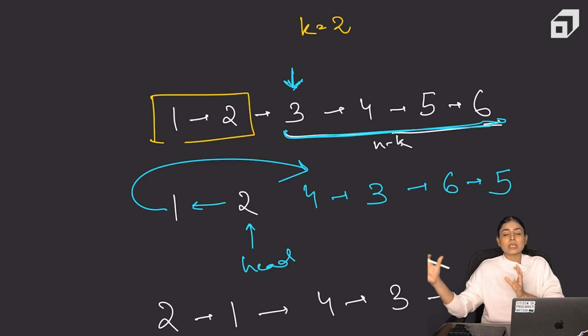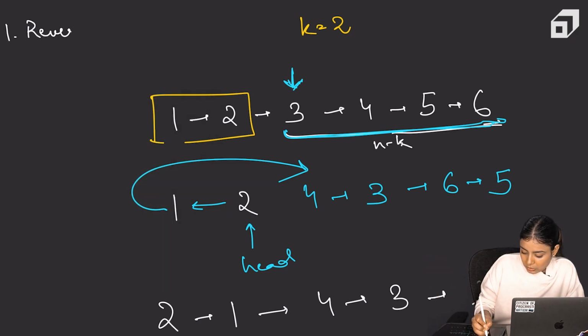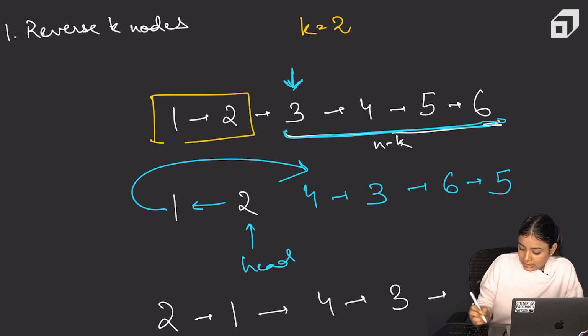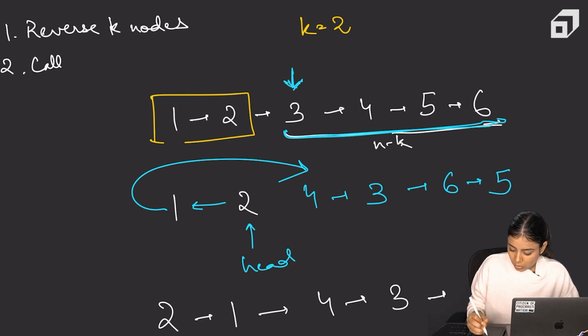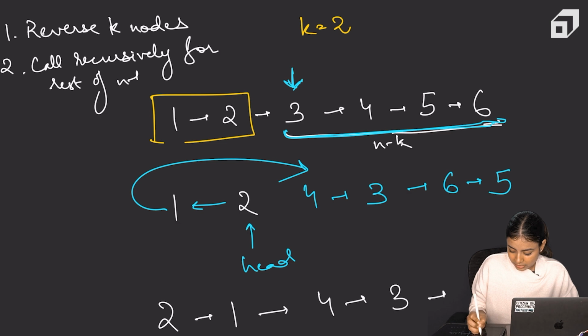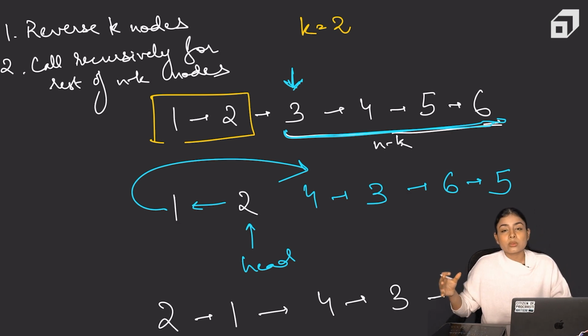Now let's write down the points. First step is to reverse k nodes. The second step is to call recursively, or solve recursively, for the rest of the n minus k nodes. And how do we do that?